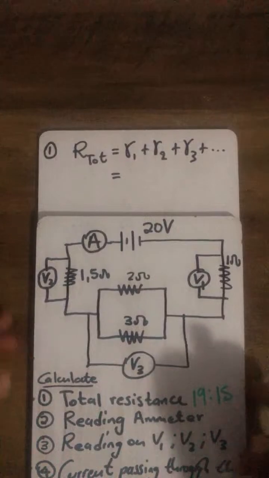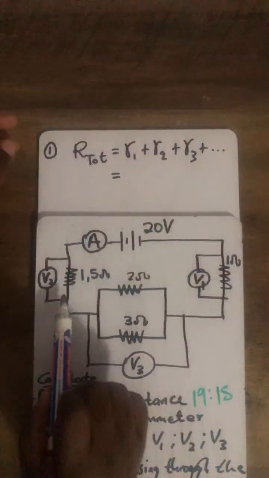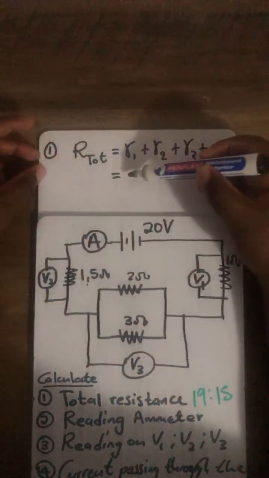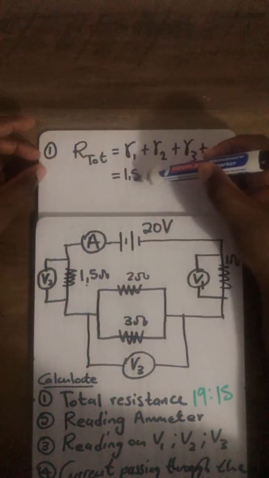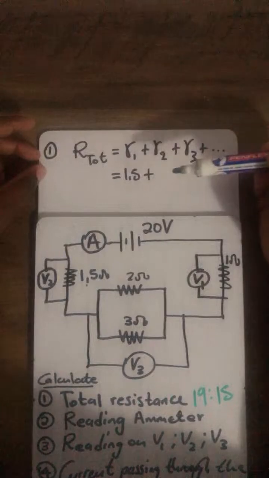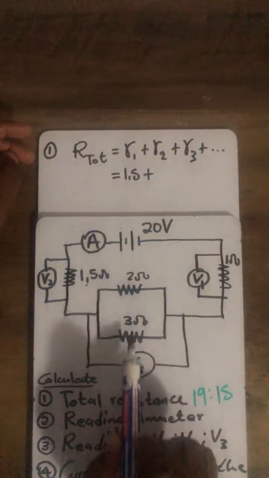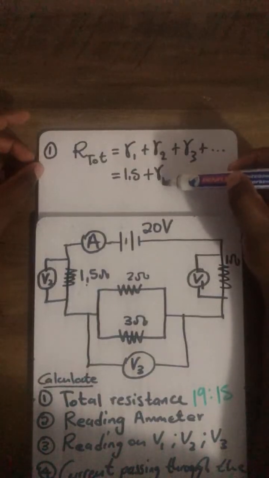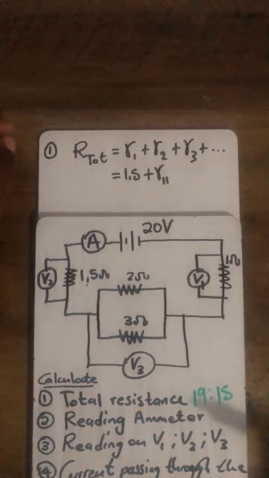So as we substitute, we can see that we've got a resistor of 1.5 which is connected in series, 1.5 that we will plus it with. Can you see these two are connected in parallel? So let me just say for R2 we've got resistors connected in parallel.